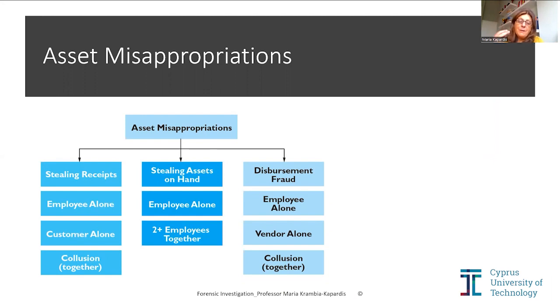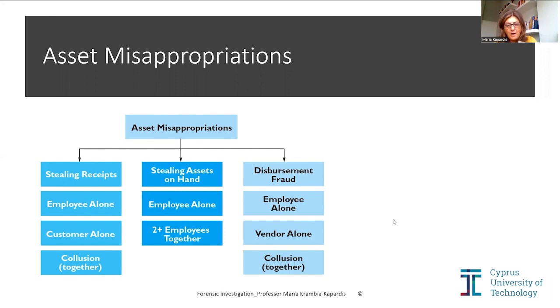So there may be two or more individuals colluding to commit the fraud, whereas in the past, individuals were carrying out the fraud by themselves. Nowadays, because these frauds are becoming more complicated, these individuals would need somebody with different expertise so they can help them to commit the fraud.